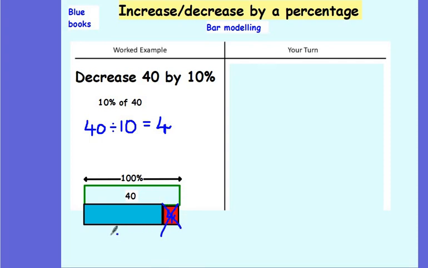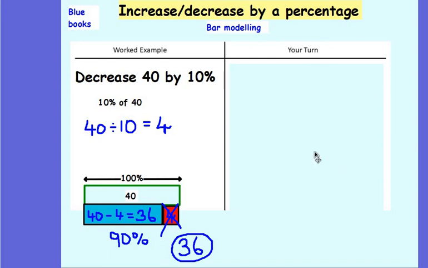Goodbye. Which leaves me with 90%. So to work out what the rest of the bar is worth, it's going to be 40, take away the 4, which leaves me with 36. So the answer I'm looking for is 36.